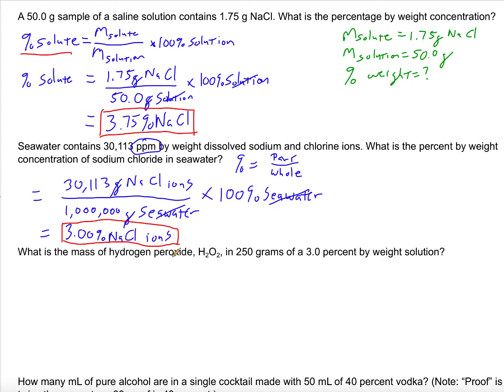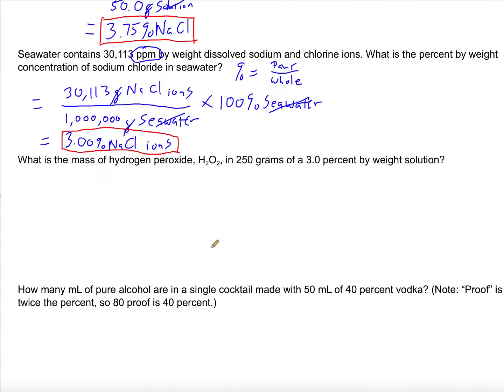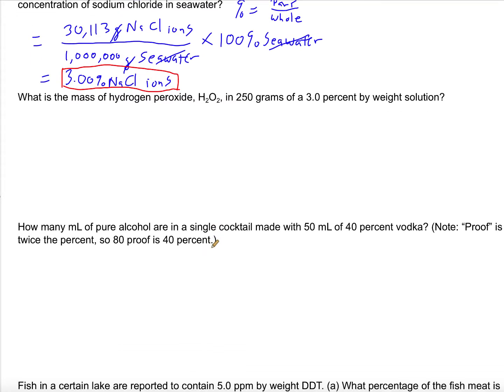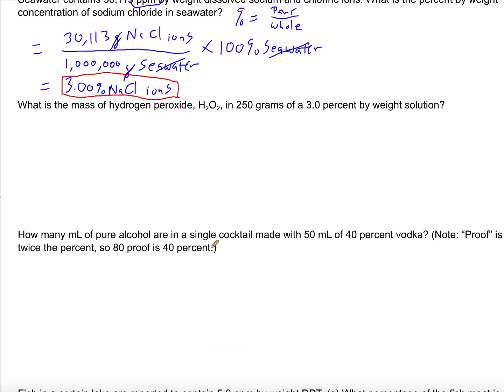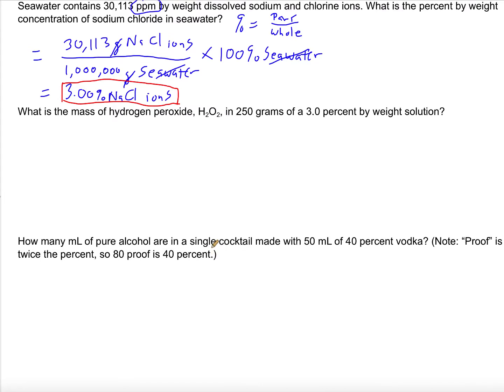Now let's look at our third question, which asks what is the mass of hydrogen peroxide, H2O2, in 250 grams of a 3% by weight solution.